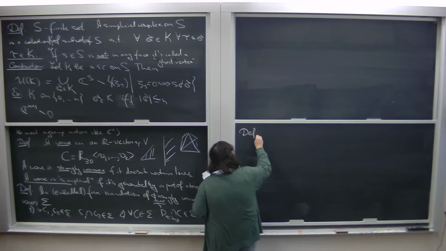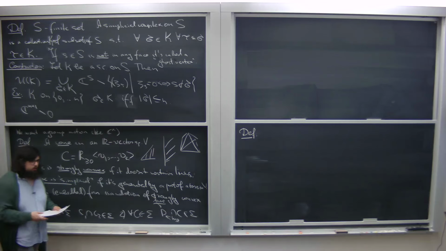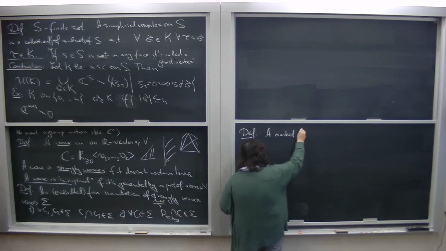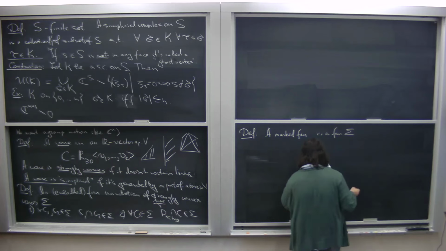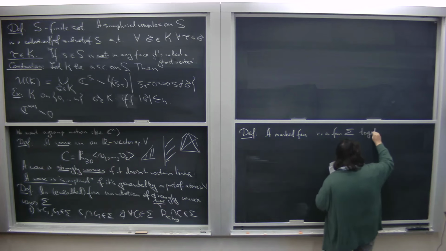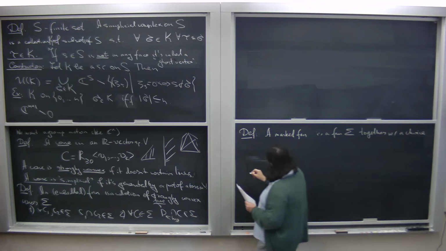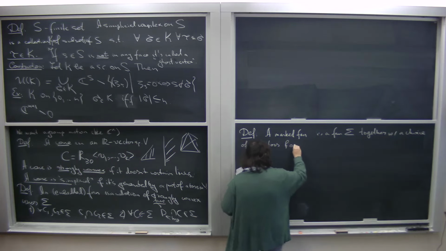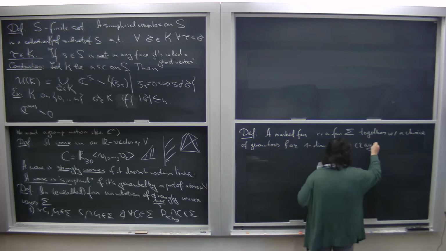So one more definition. Here we have a bunch of convex subsets of a vector space. So we can define what is called a marked fan, or a marked embedded fan. It is a fan sigma together with a choice of generators for one-dimensional cones, which are also often called rays.